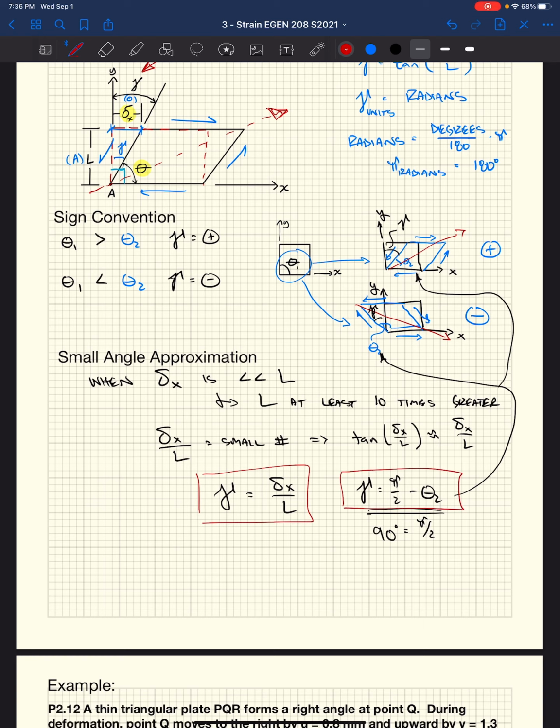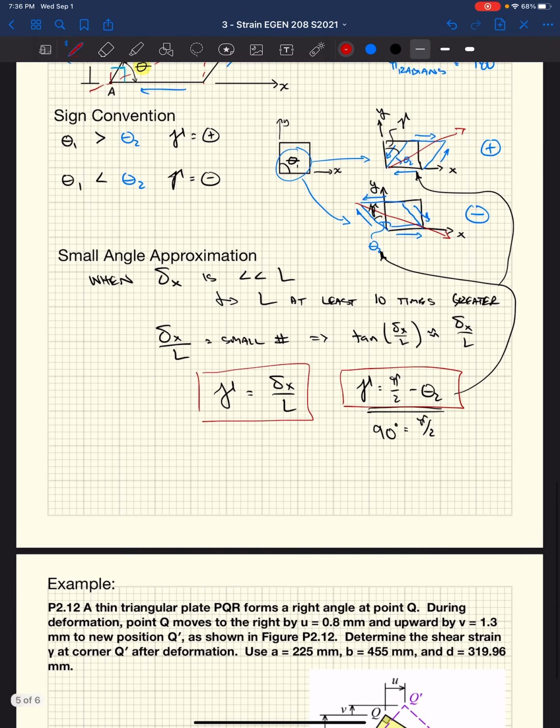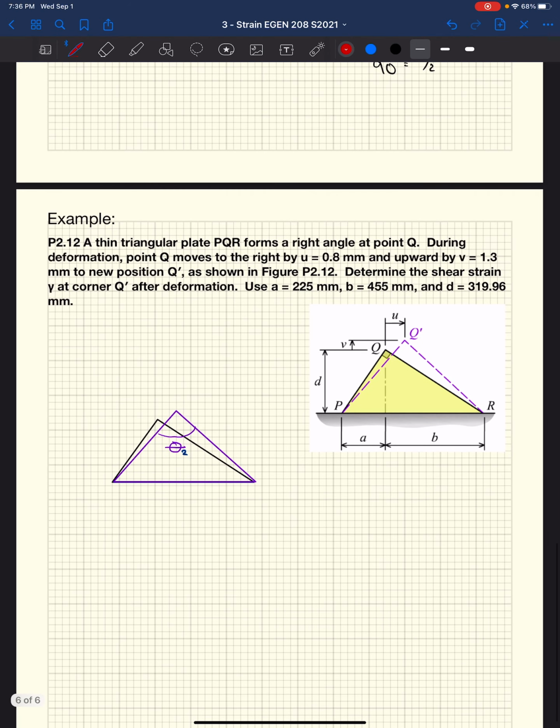So these are our big equations to pull out of shear strain. Not a super straightforward dimensional property, but obviously very important to know.